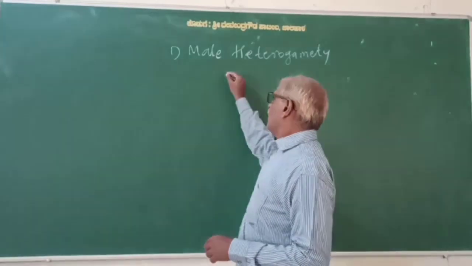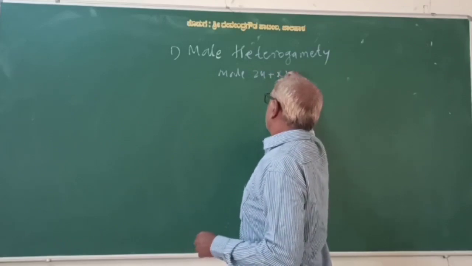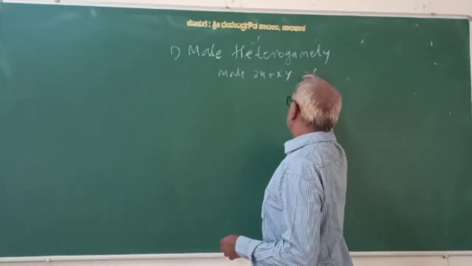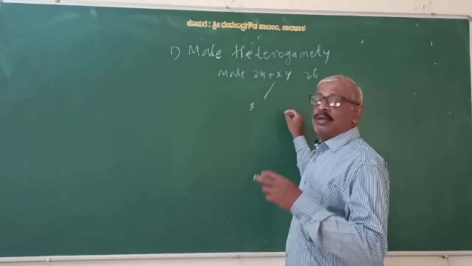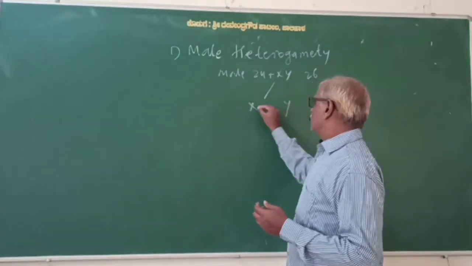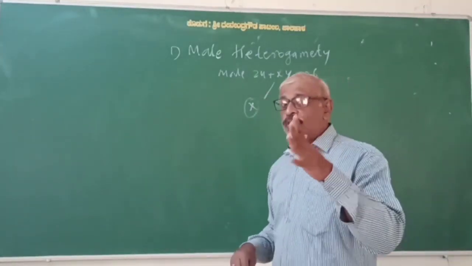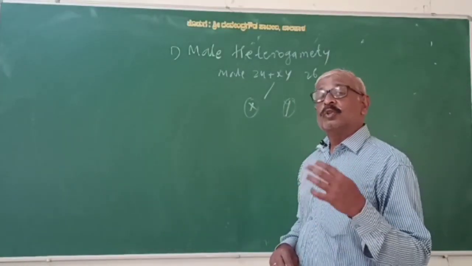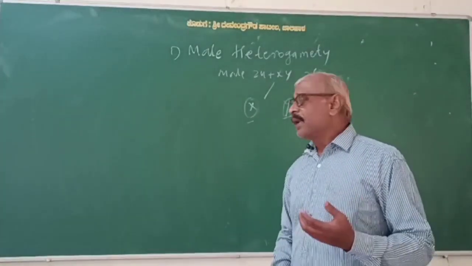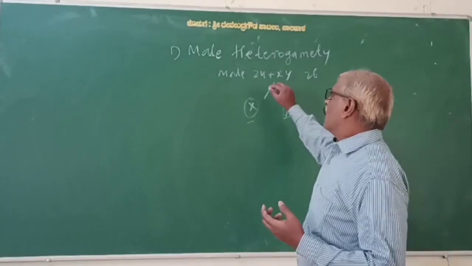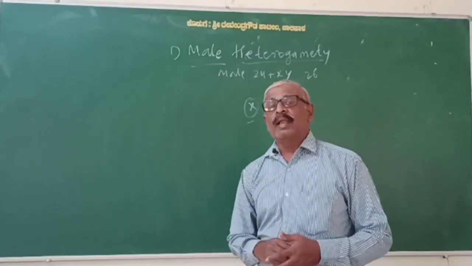As you know, the male in human beings has 44 plus XY, so it is called male heterogamity. The male produces two kinds of sperms, two kinds of gametes: 50% of sperms carry X and 50% carry the Y chromosome. Hence this is called male heterogamity.